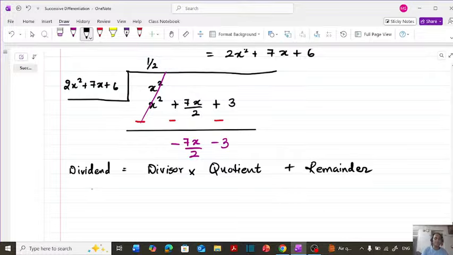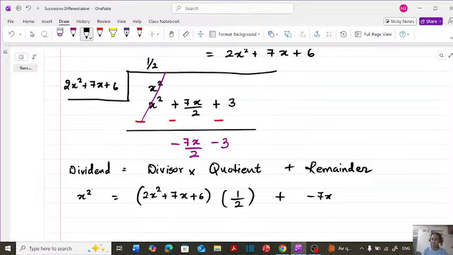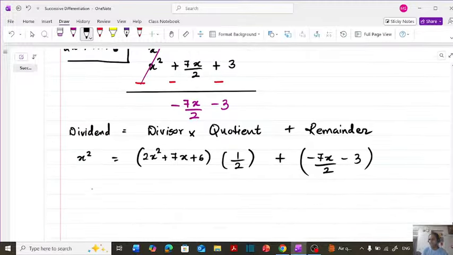Okay, so I will be in a position to say that x square is equal to, divisor is 2x square plus 7x plus 6, quotient is half, and the remainder is minus of 7x by 2 minus 3. This is the remainder. But I am interested in something else now.